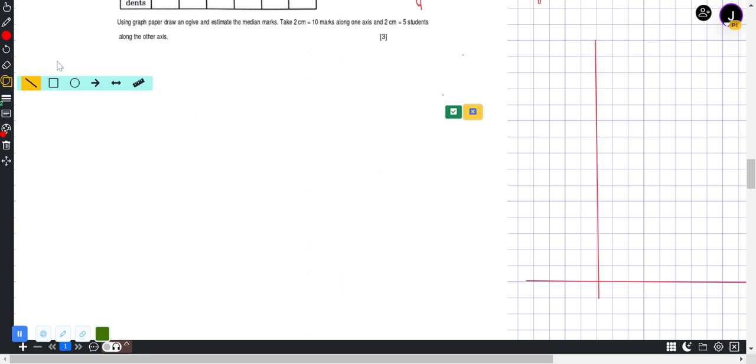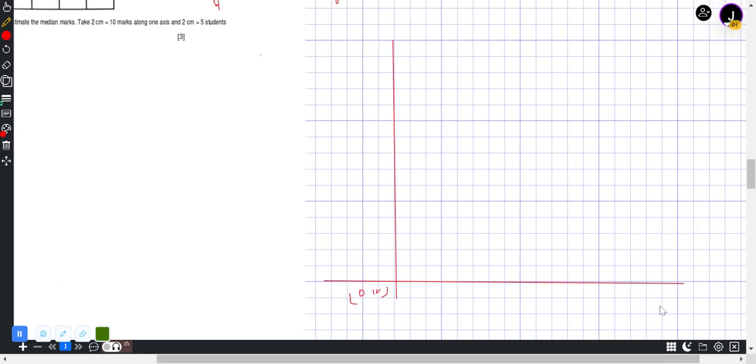So we take this as 0. This is the x-axis, where we have marks, and this is students on the y-axis.